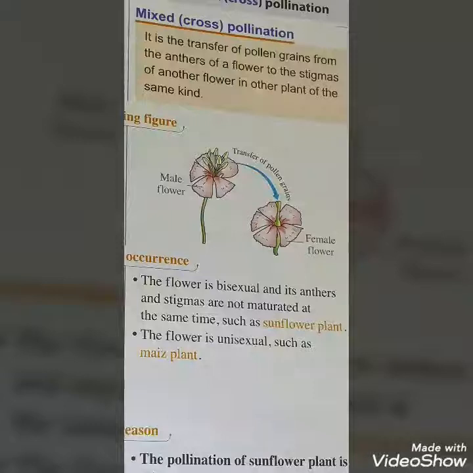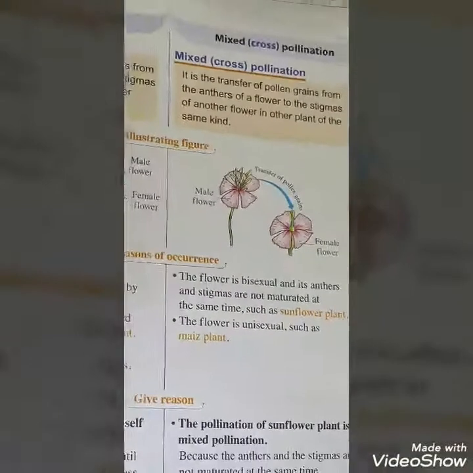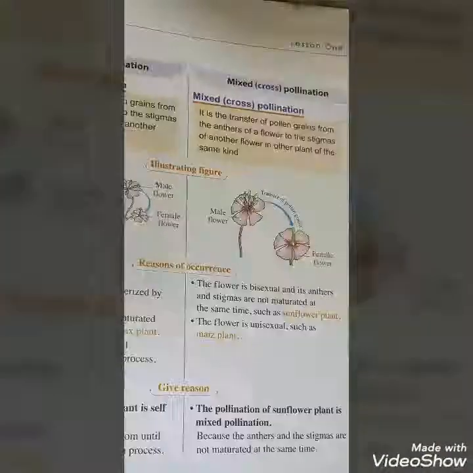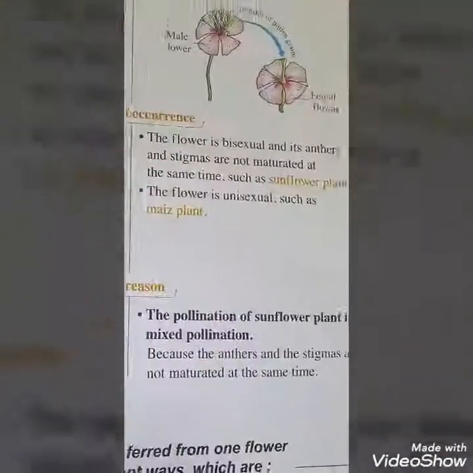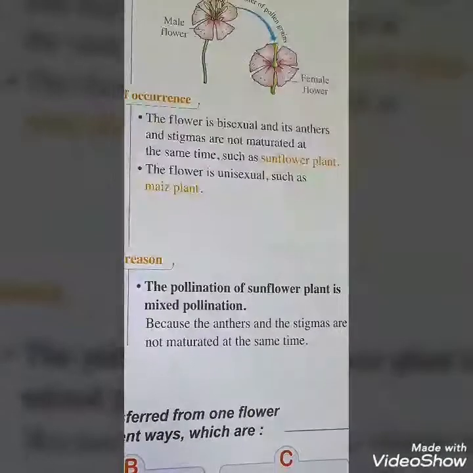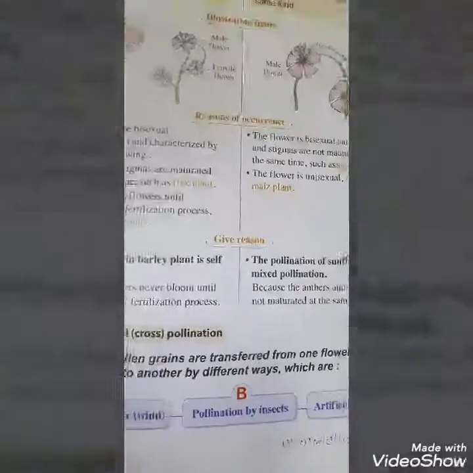Maybe the flower is bisexual and its anther and stigma do not mature at the same time, such as the sunflower plant. And maybe the flower is unisexual, such as in the maize or corn plant. If you ask me a question, give reason, pollination in sunflower plant is mixed pollination, the answer will be because the anther and the stigma are not matured at the same time.